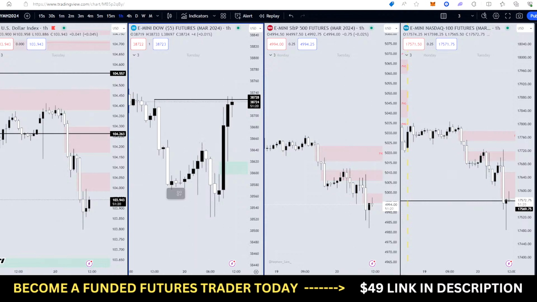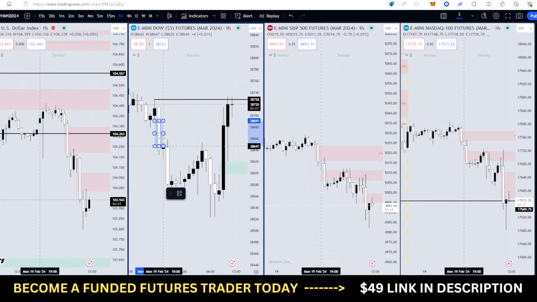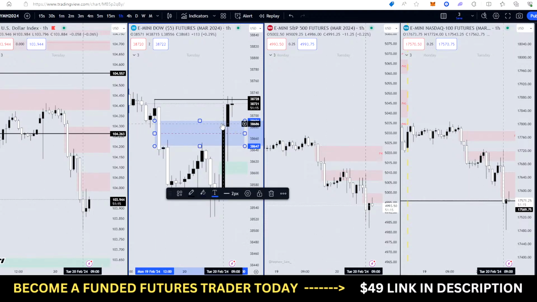Okay, you were talking about this fair value gap. And yes, it did close above. I was waiting to see if it would close above or if it would trade back into, and it did close above.